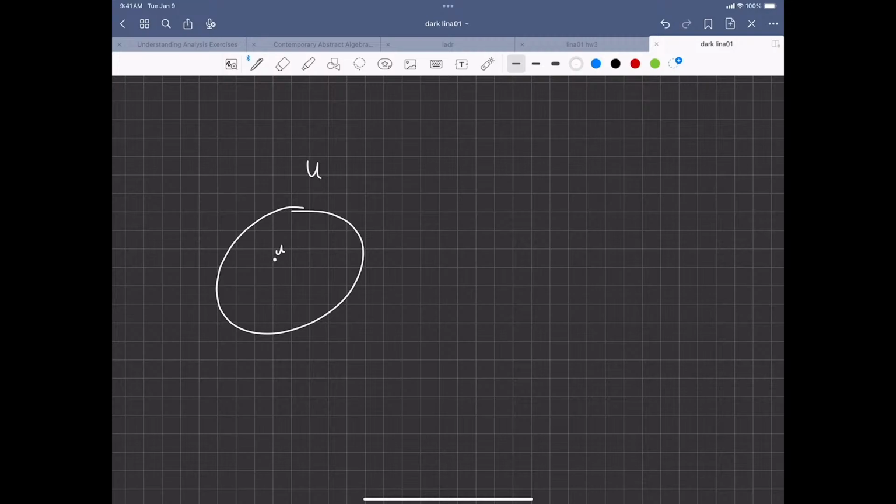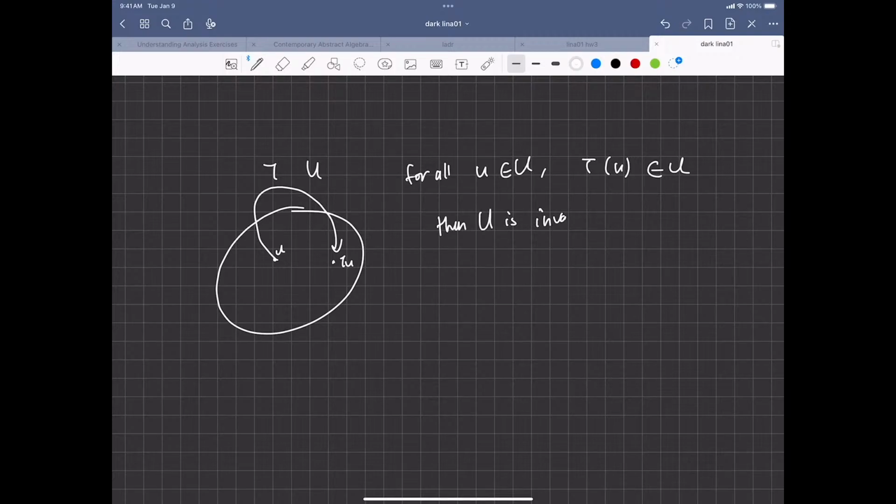We apply T to u, and it lands here on T of u. If this is true for all u in U, applying T keeps it inside U, then U is invariant. We're not changing the subspace itself.